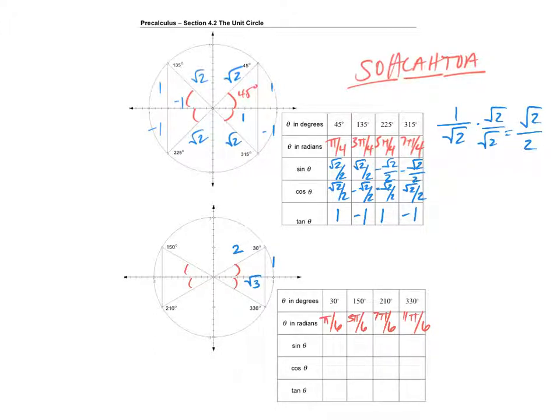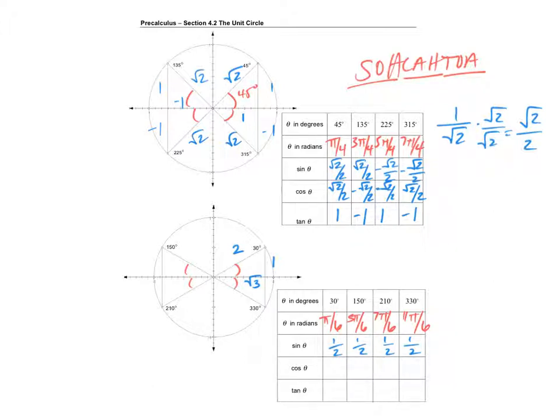So the opposite side from that vertex is going to be 1, so the top of my fraction for my sine is going to be 1 for the opposite side, and my hypotenuse is always going to be 2. However, in some of our quadrants, we have some negative signs. So in our first quadrant, 30 degrees, both 1 and 2 are positive, so it stays positive.